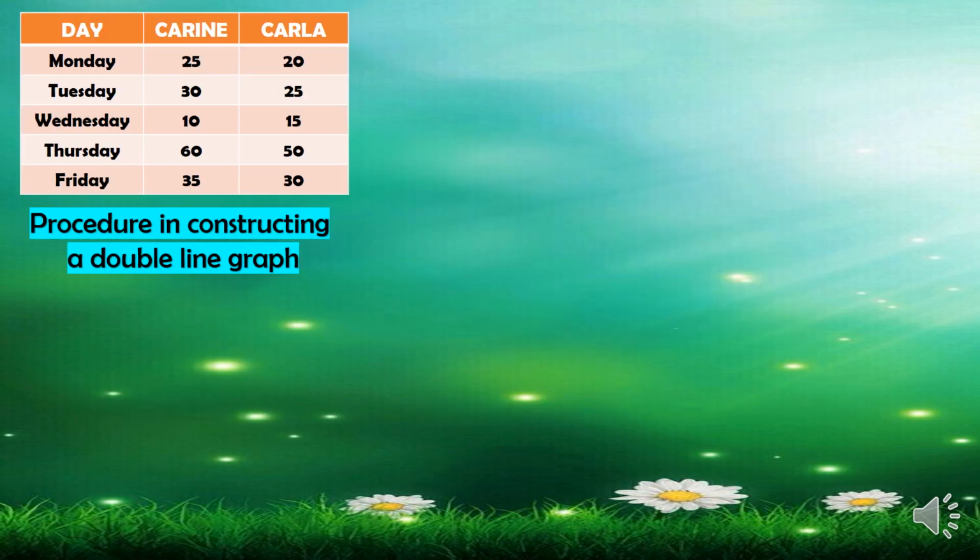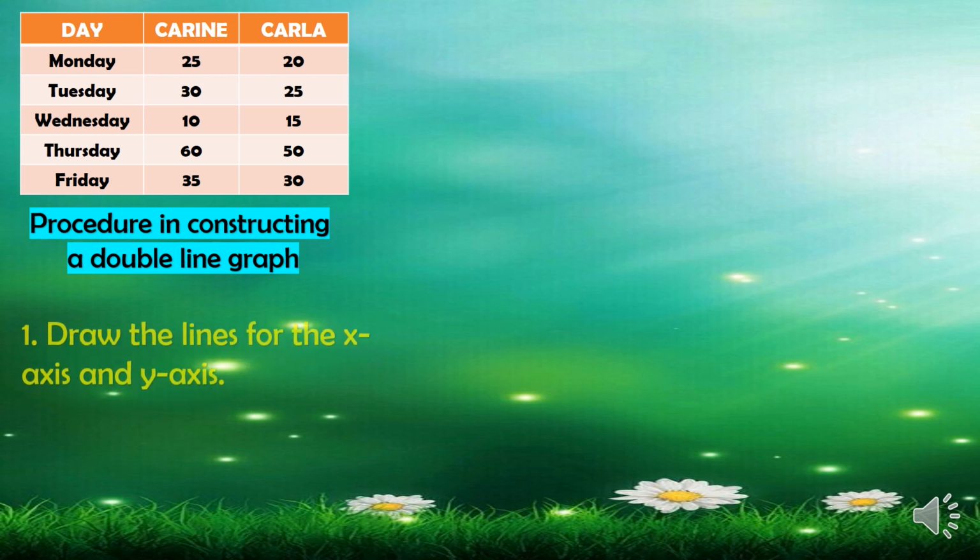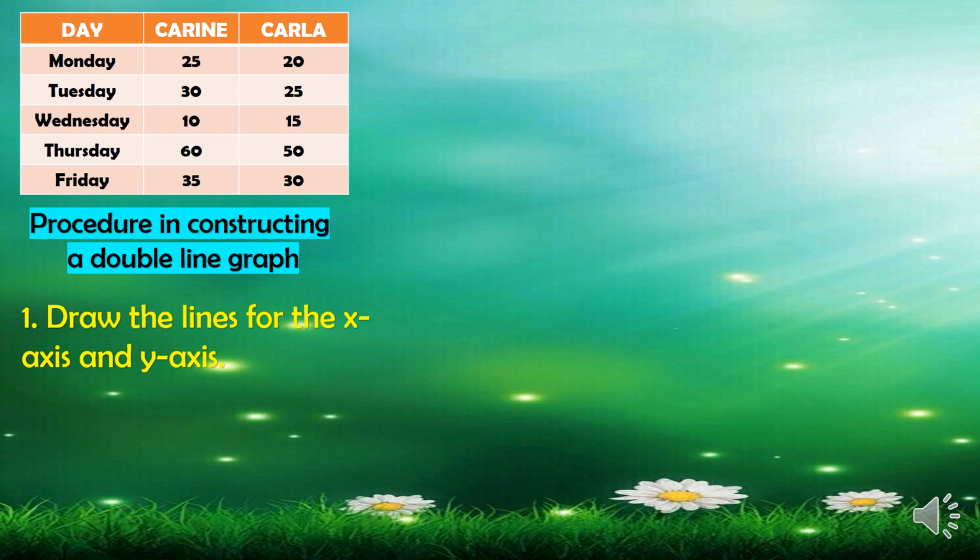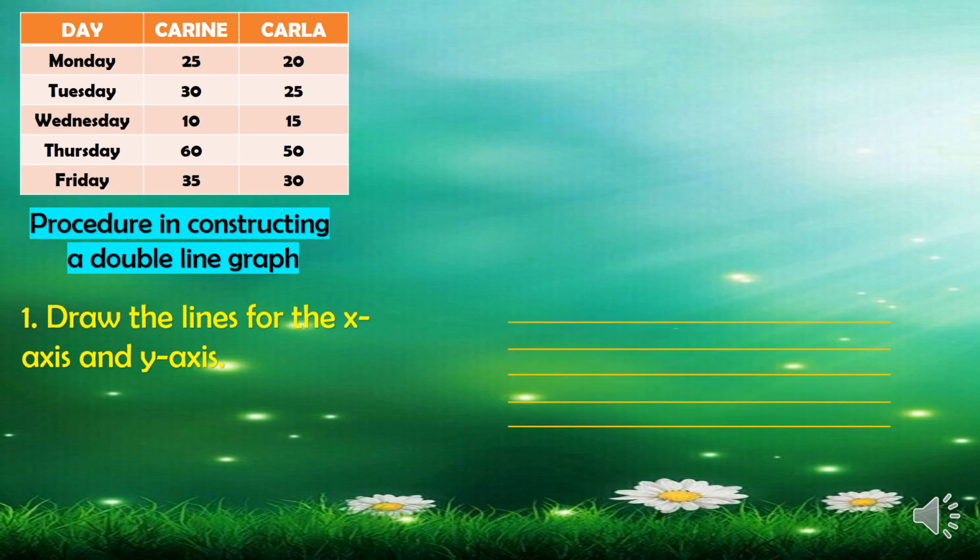So here is the procedure in constructing a double line graph. So first, draw the lines for the x-axis and y-axis. So here is the x-axis.